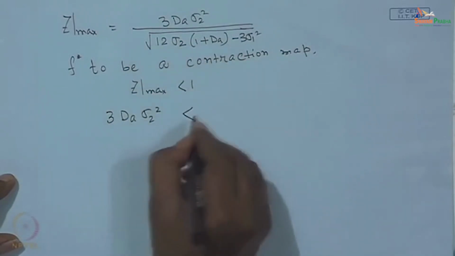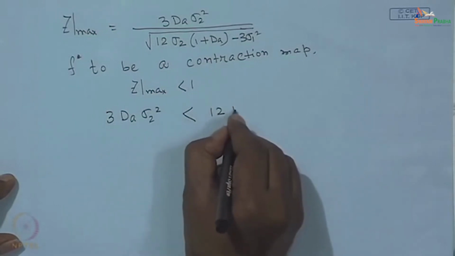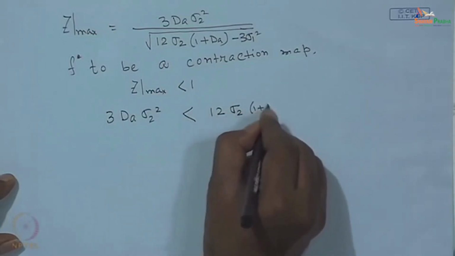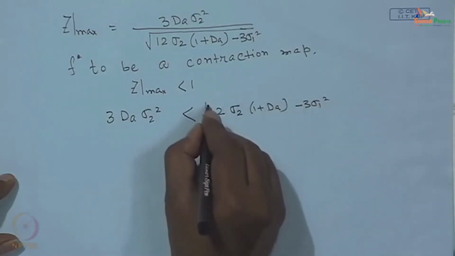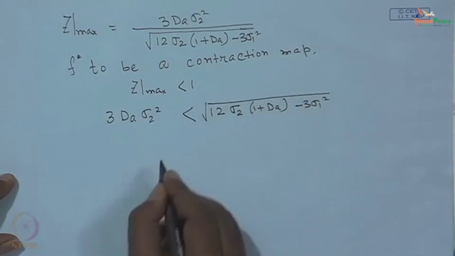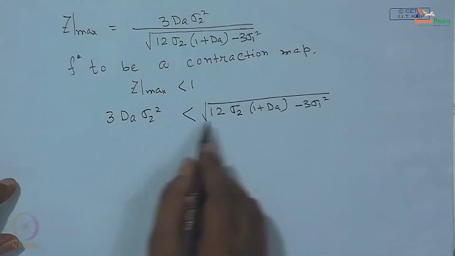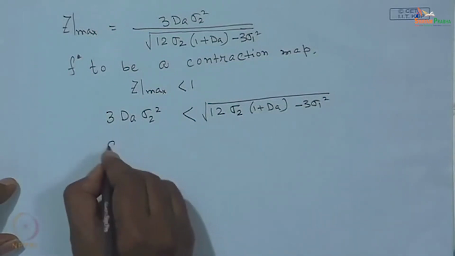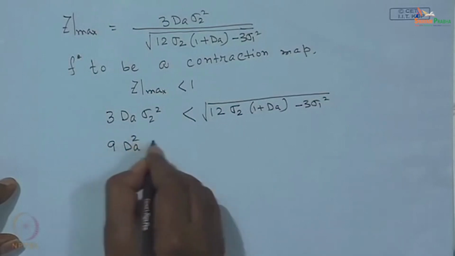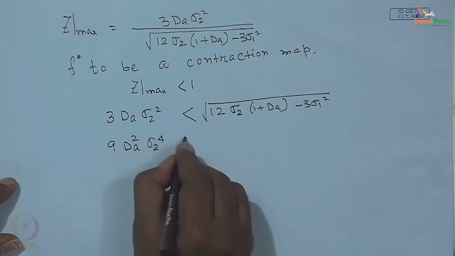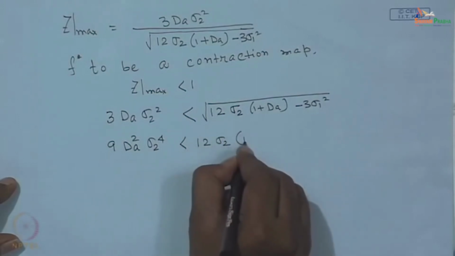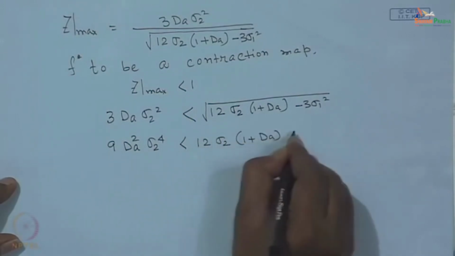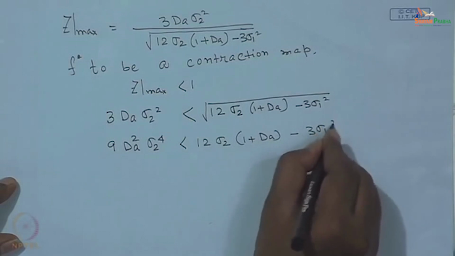So, this should be less than root of 12 sigma 2 into 1 plus dA minus 3 sigma 1 square. So, you just square it up. So, it becomes 9 dA square sigma 2 to the power 4 is less than 12 sigma 2 into 1 plus dA minus 3 sigma 1 square.